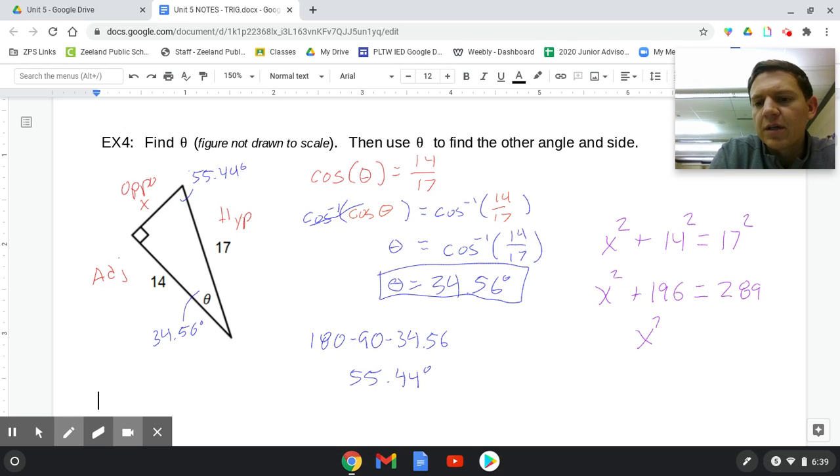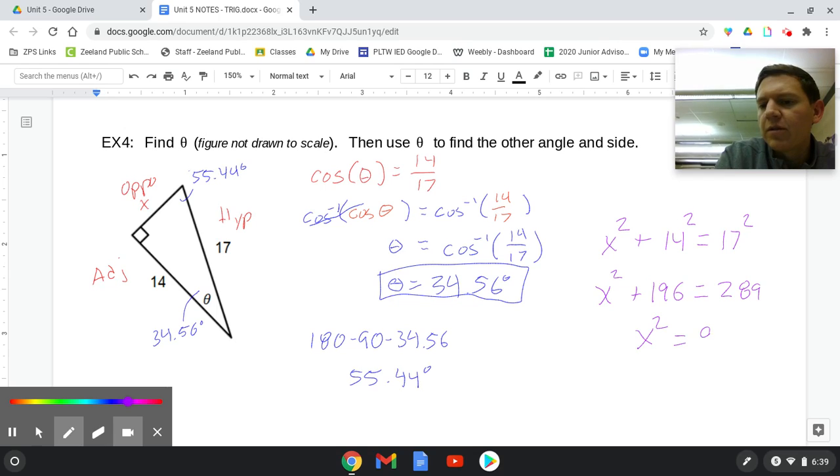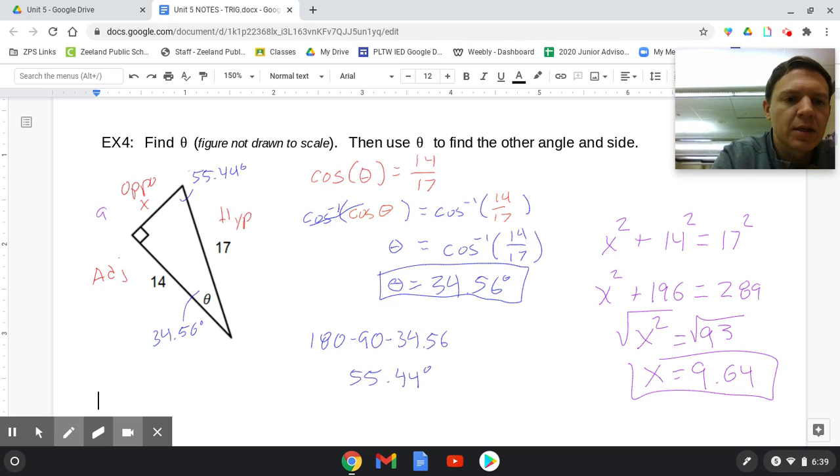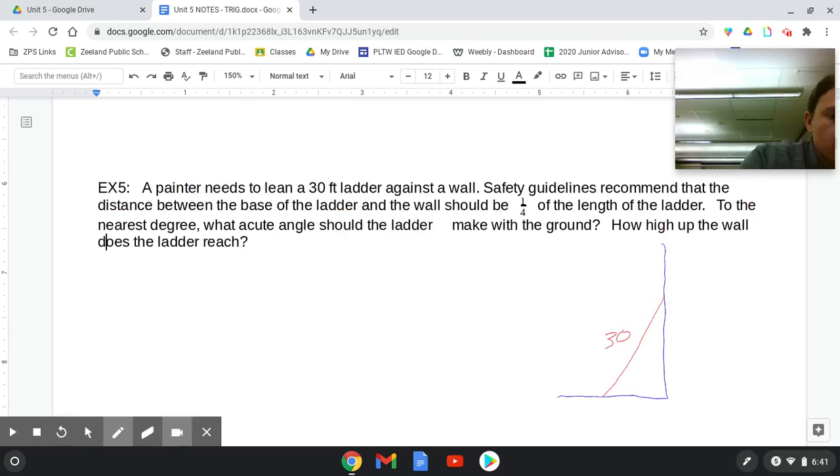And then if I subtract the two, I get 93. That's subtracting 196 from both sides. All I do is square root both sides to get x. And if I square root 93, that gives me about 9.64. That's my missing side. 9.64. That triangle is done. Found all the angles, found all the sides.